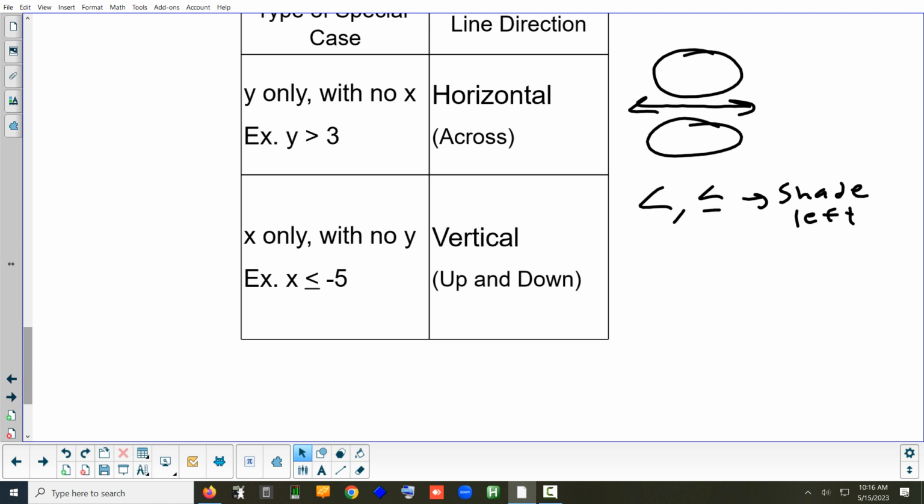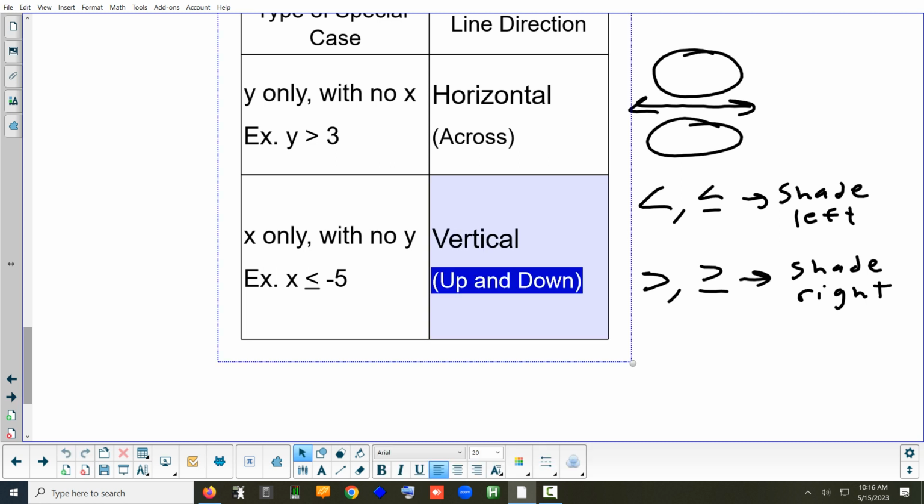You basically shade the way it tells you to, with the way it's pointing. If it's a greater than or equal to, shade right. This is the only case where shade above and below doesn't make sense, because you don't have above and below.